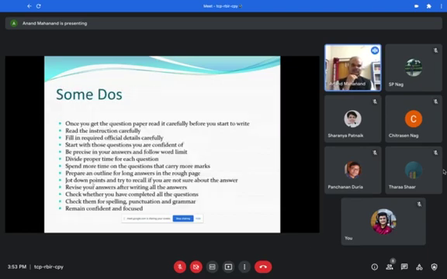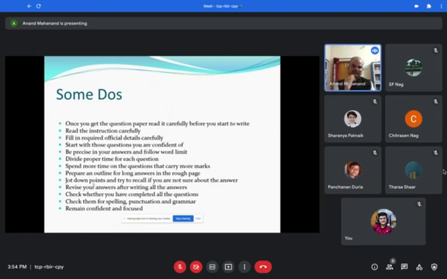So what should you do when you write your exam? During exam, what should you do? This is in the exam hall. Once you get the question paper, read it carefully before you start to write. Read the instructions very carefully.